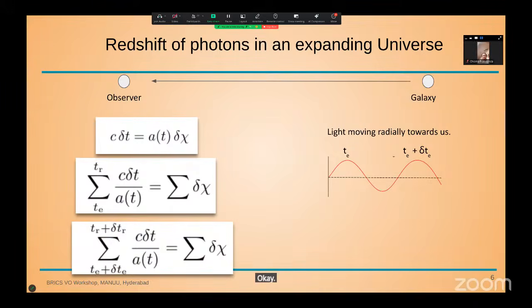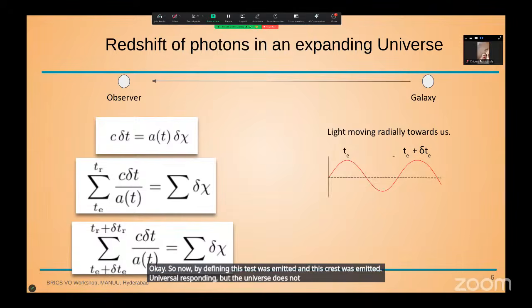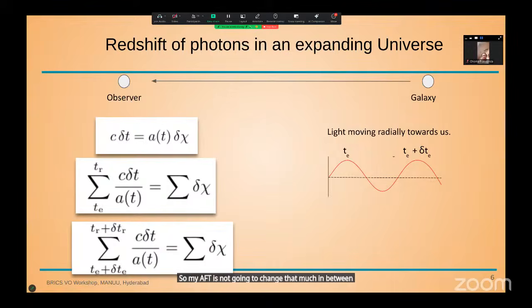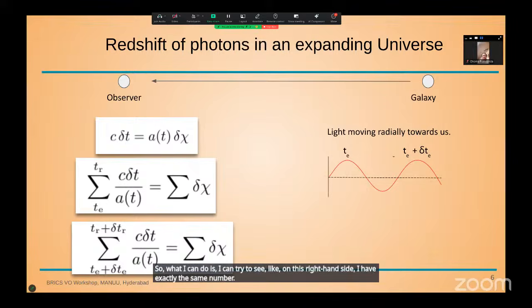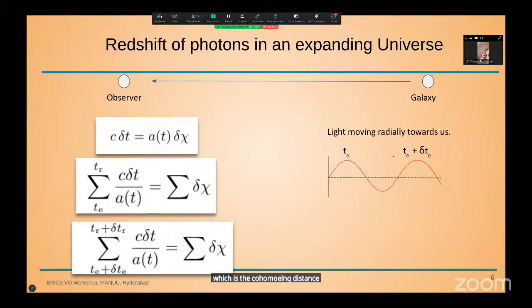By the time this crest was emitted and the next crest was emitted, the universe is expanding, but the universe does not expand so fast. So my a of t is not going to change that much in between these two points. So on this right hand side, I have exactly the same number, which is the moving distance between this galaxy and this observer. So this is the same.